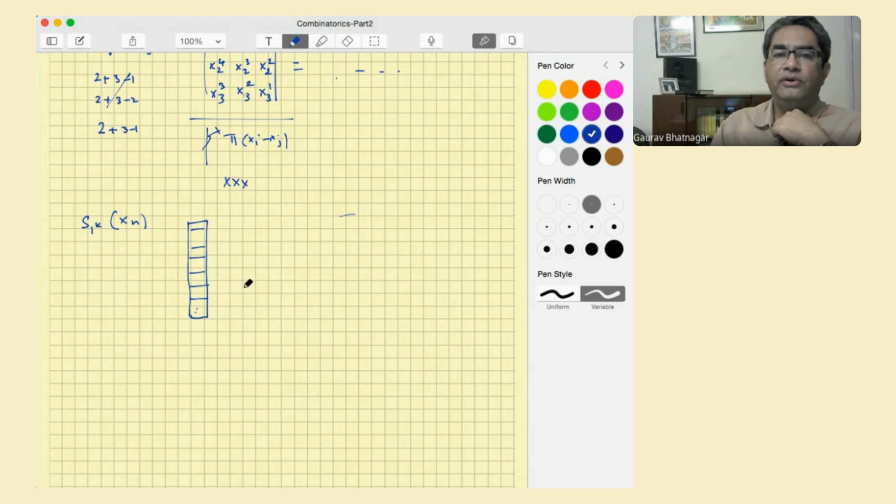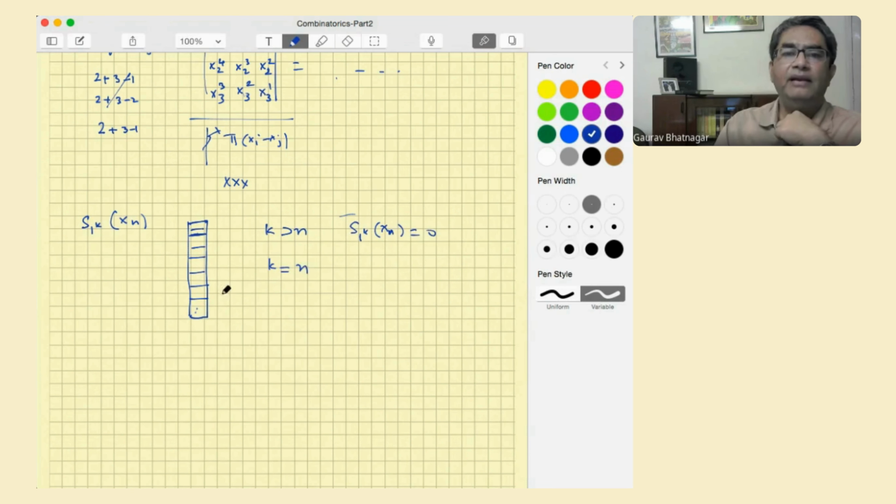The simplest example is, first of all, when k is bigger than n, that means if I put x1 to xn, I'll run out of x_i's. So at some point, I'll have to put 0. So s_{1^k} of xn is 0.